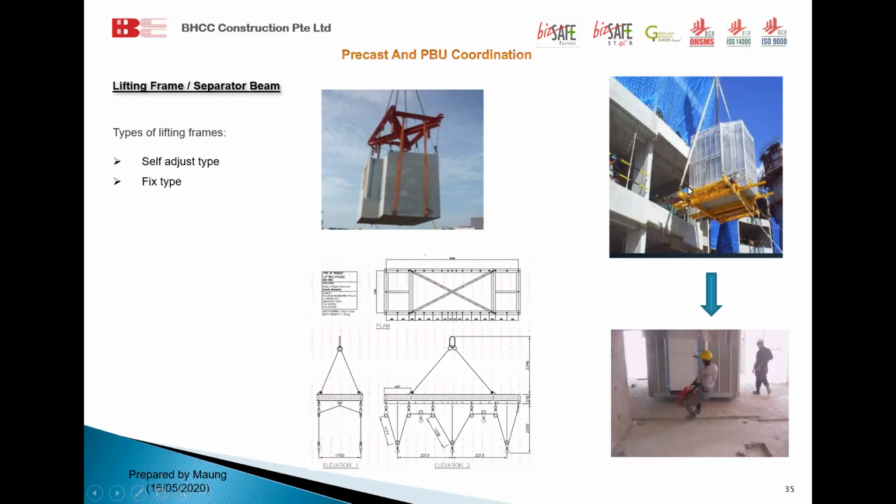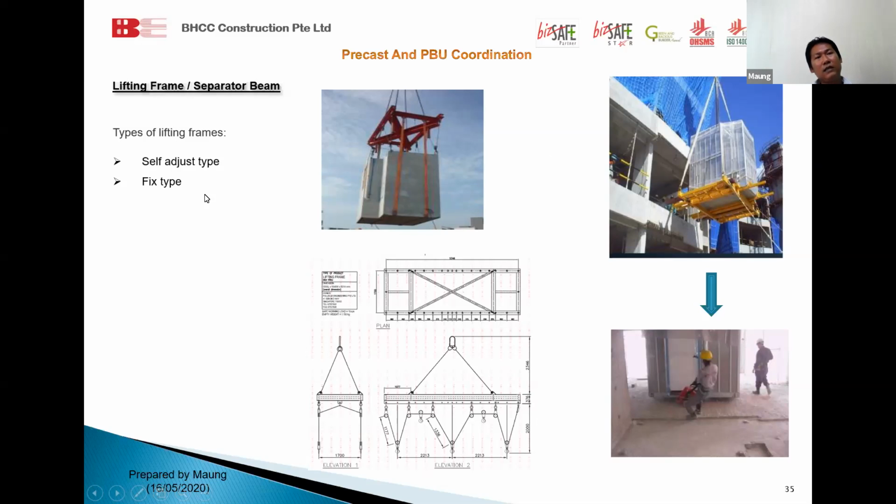Okay, then the right hand side ones are the lifting frame that's below the PBU. So this type of PBU normally does not affect your structural construction. After structural construction, you need to install the PBU. So that's why, based on your project requirements, you need to prepare your lifting frame.